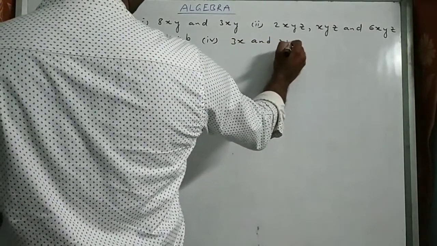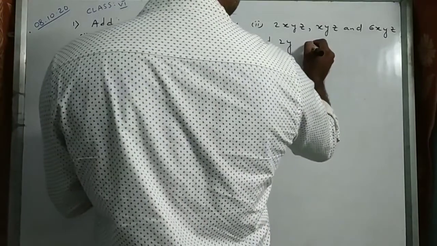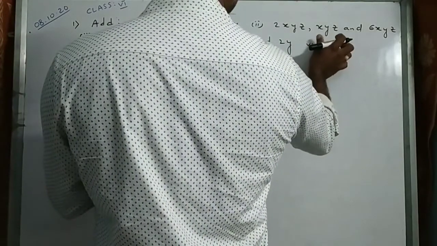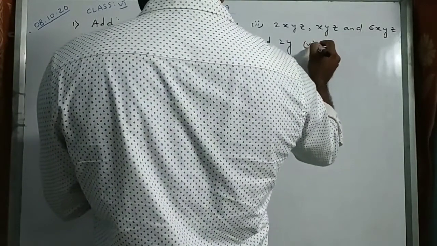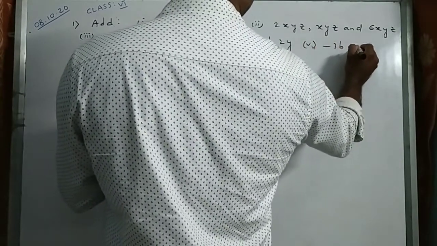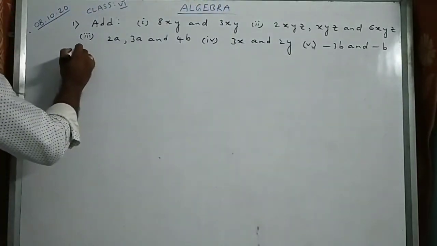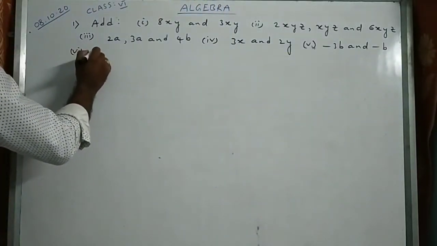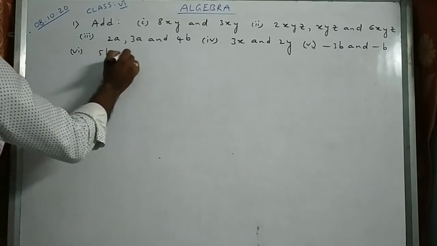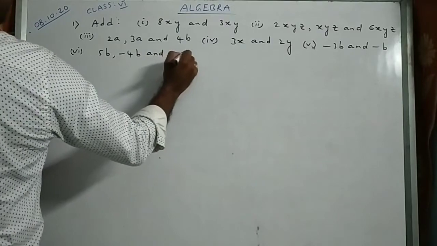Fourth: 3x and 2y. They are unlike terms because 3x, 2y are different terms. So they are unlike. Fifth one: minus 3b and minus b. Sixth one: 5b, minus 4b and minus 10b.